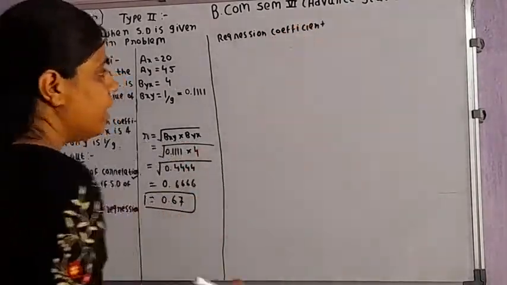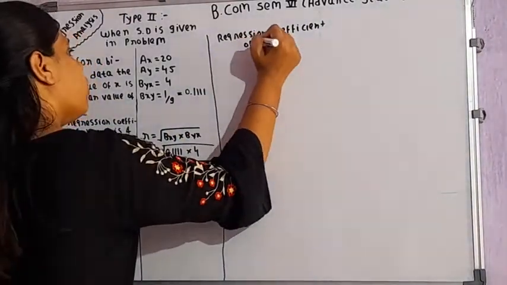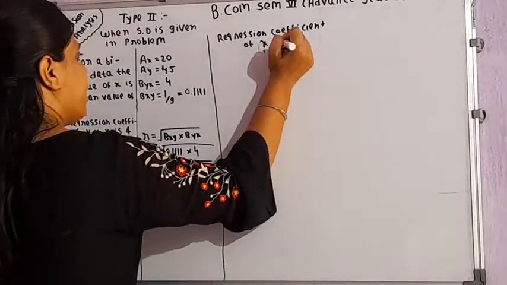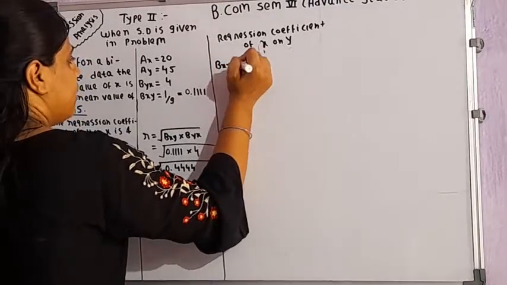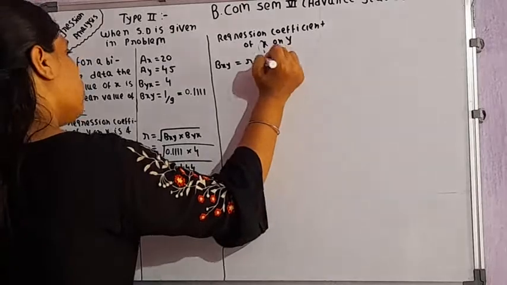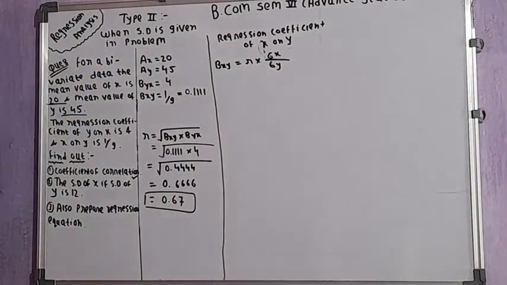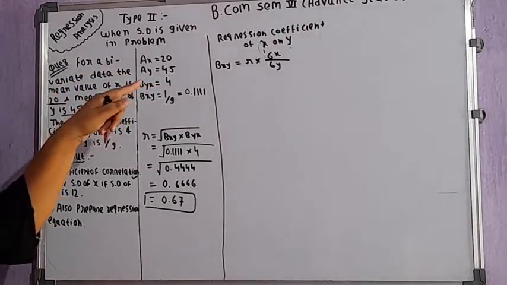Let's see how. What is the formula for the regression coefficient? You can use either of the two regression coefficients. So here we are going to use the regression coefficient of x on y. What is the formula? bxy is equal to r into the standard deviation of x upon the standard deviation of y. Do we have the value of the regression coefficient of x on y?